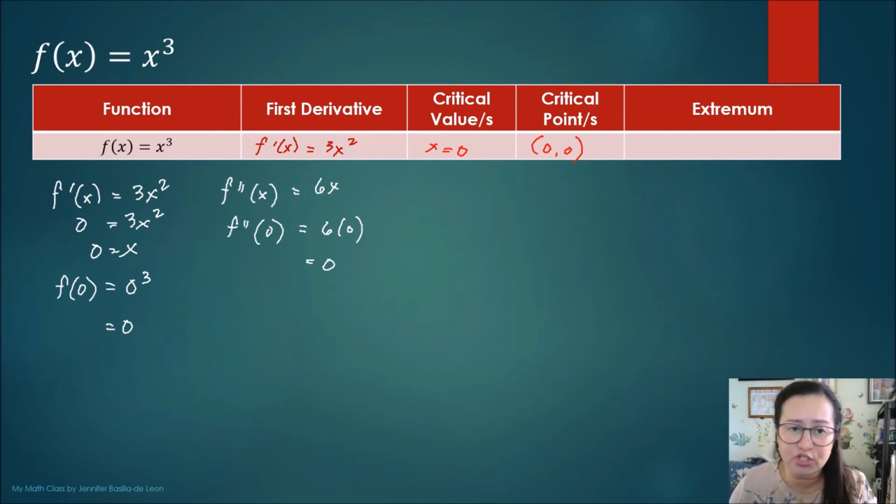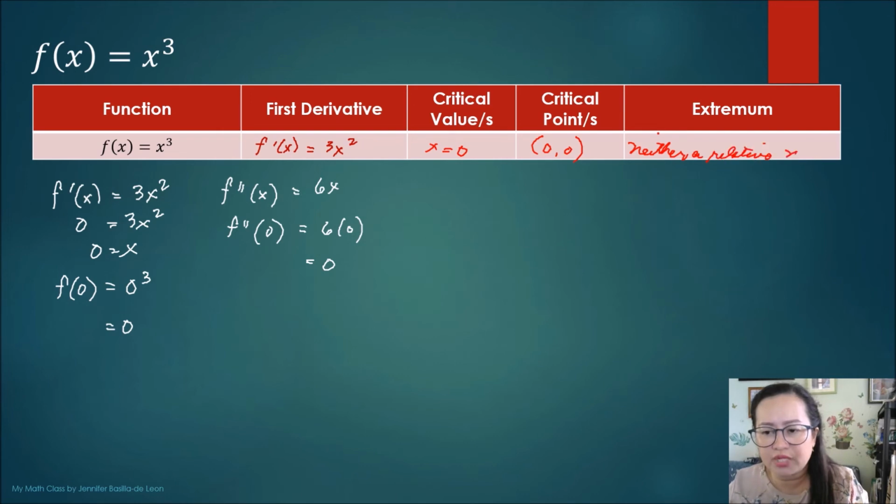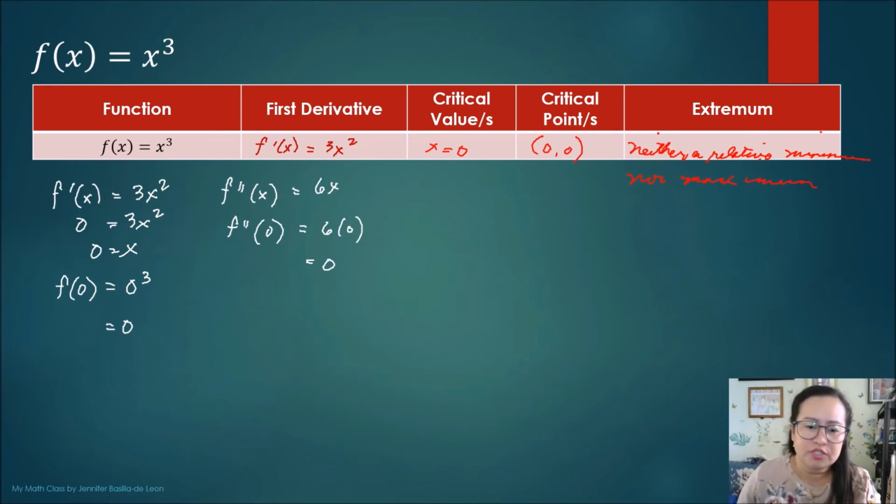Now, since 0 is neither greater than nor less than 0, therefore, we can say that it's neither a relative minimum nor a maximum.